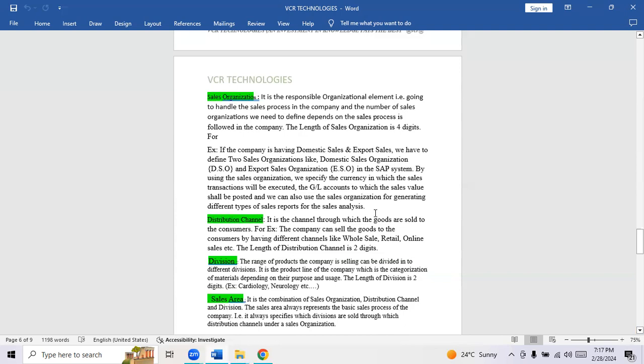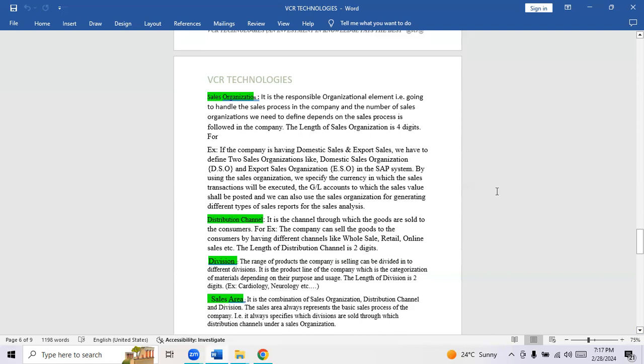Whatever the company requires, that many sales organizations only we have to define, not more than that. One more thing: based on the sales organization, we specify the currency in which the sales transactions will be executed.